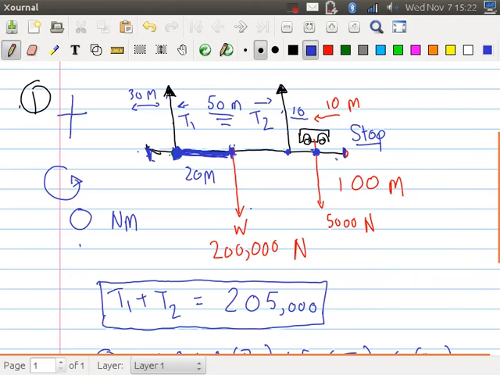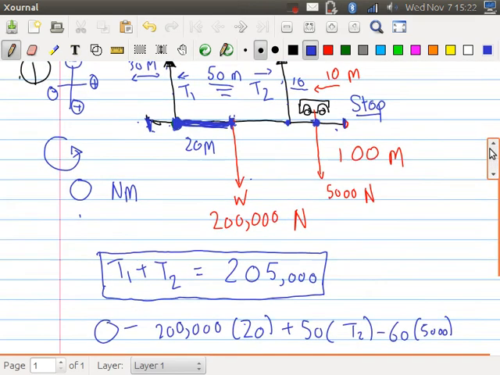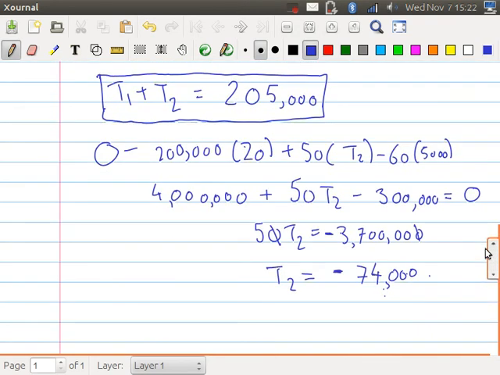For me, I'm doing it like this: positive, negative, positive, negative. I'm sorry, I should have done it the other way. In fact, it doesn't matter because in the exam, they'll ask you for the magnitude. So the magnitude would be 74,000 newtons.